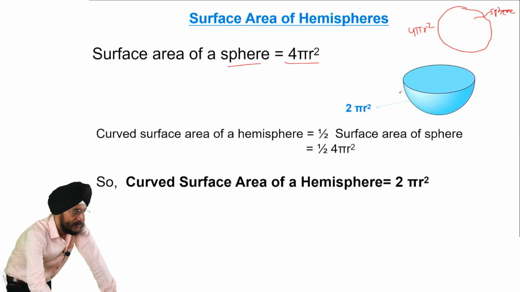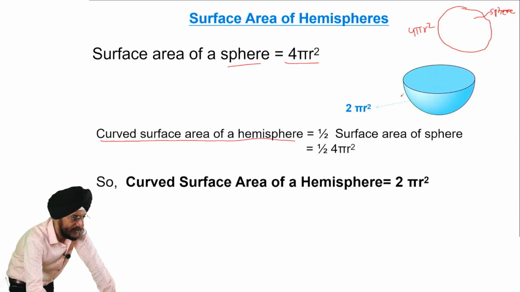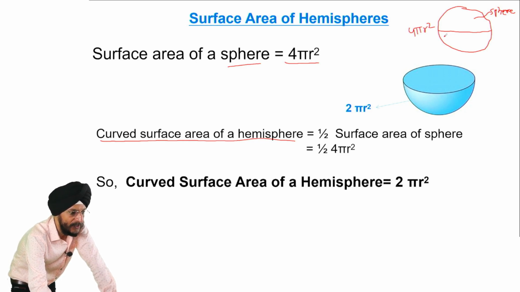And when we talk about the curved surface area of the hemisphere, it means we are talking about this one, half side. Naturally, when we are talking about only half side of the sphere, that is the curved surface area.